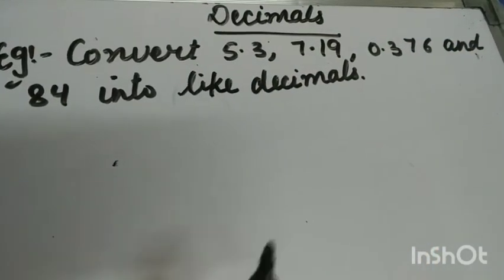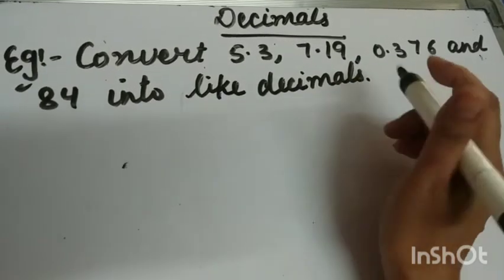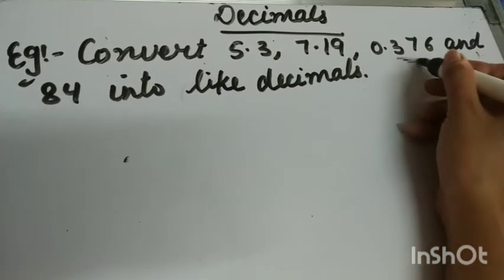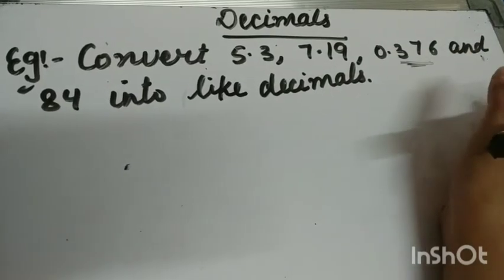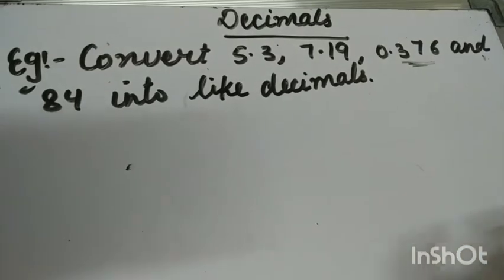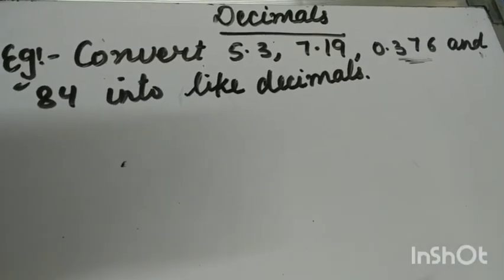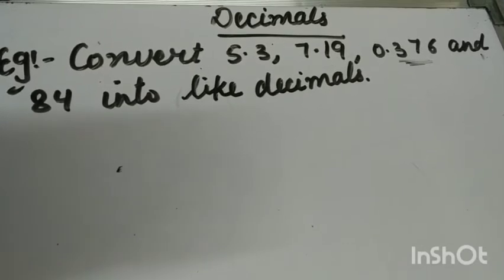In the given numbers, the maximum number of decimal places is 3. So we convert each one of the given numbers into one having 3 decimal places by annexing a suitable number of zeros to the extreme right of the decimal part.